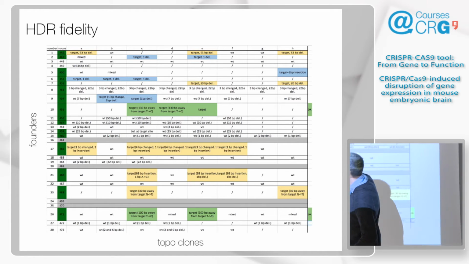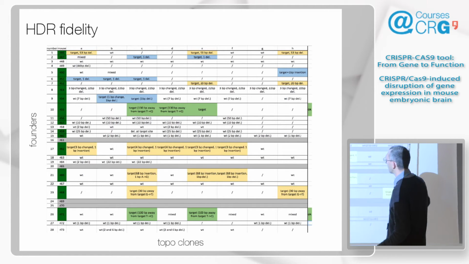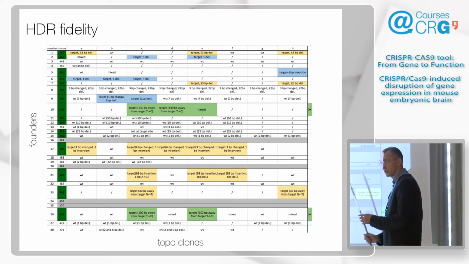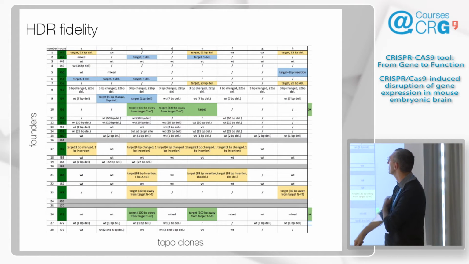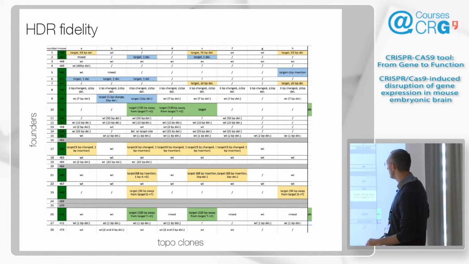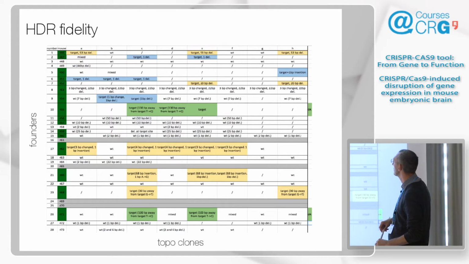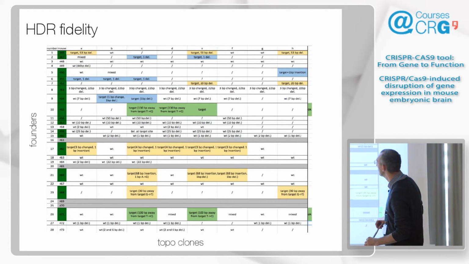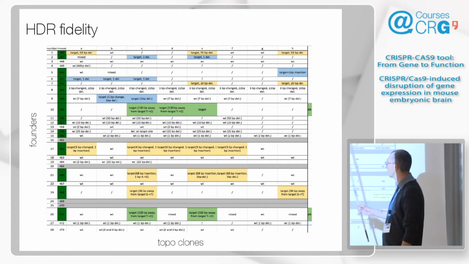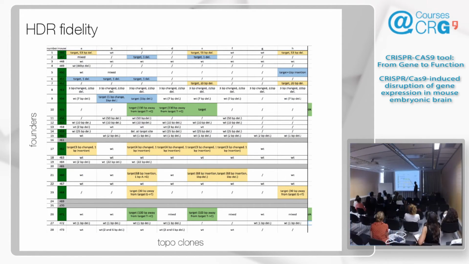So we have multiple founders, and then we have 8 topo clones for each. And we sequence all of that to figure out what the situation is. And so what you really want is, let me see. Target. So what you really want is green, but what you often get is the targeted edit, but you'll get other mutations.